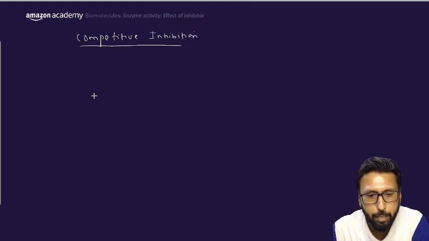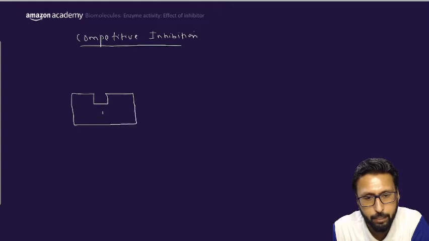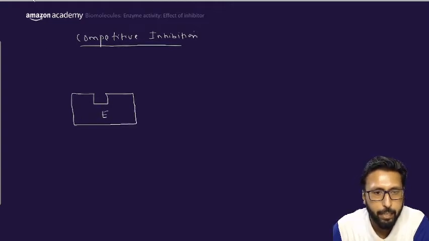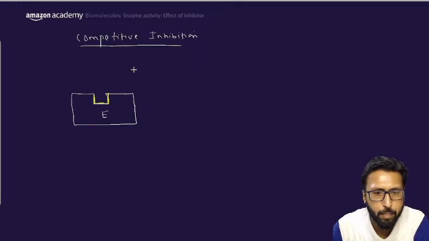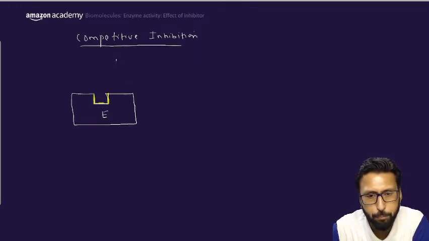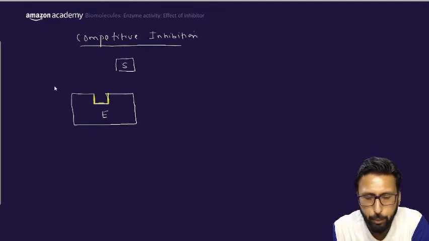Suppose we have this enzyme, and this is the active site. Now this enzyme normally binds with the substrate, so this is the substrate, and the product is formed.